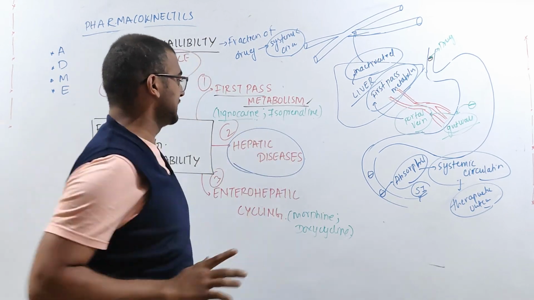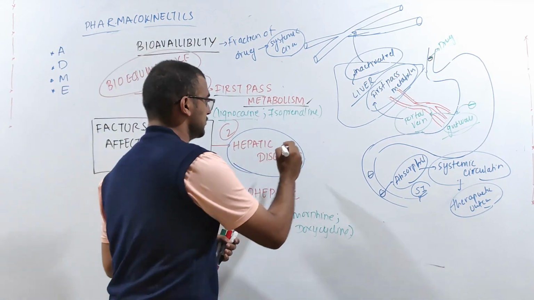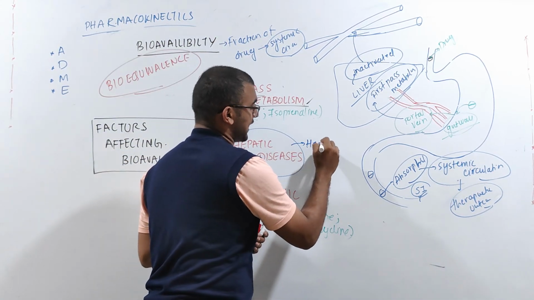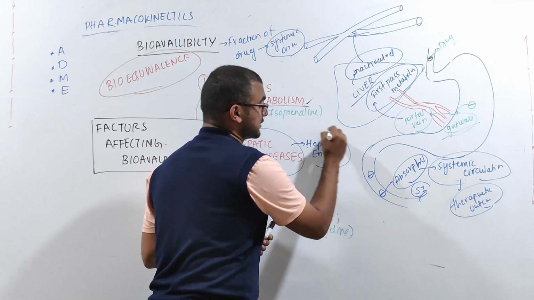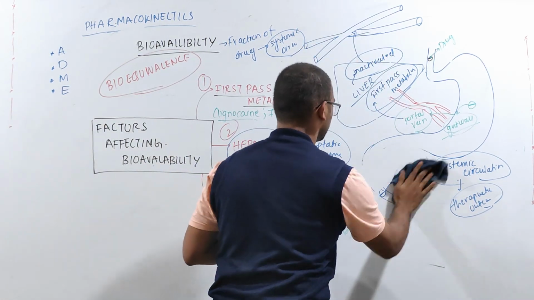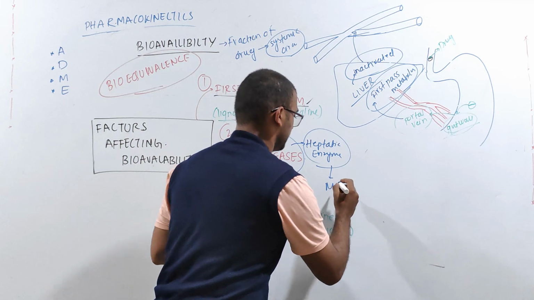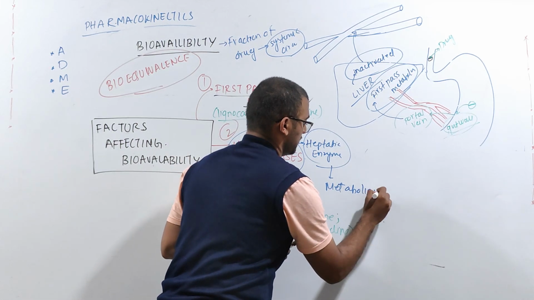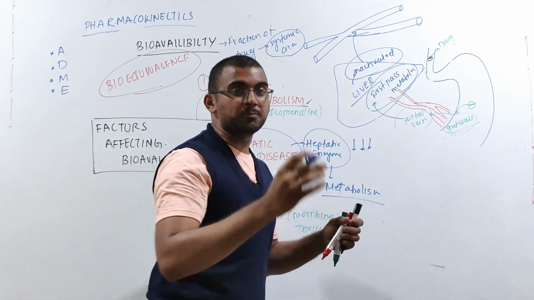So what is happening in hepatic diseases? Hepatic disease means your hepatic enzymes are being damaged. The hepatic or liver enzymes are responsible for metabolism. So these hepatic enzymes will be secreted less or will not be produced well.